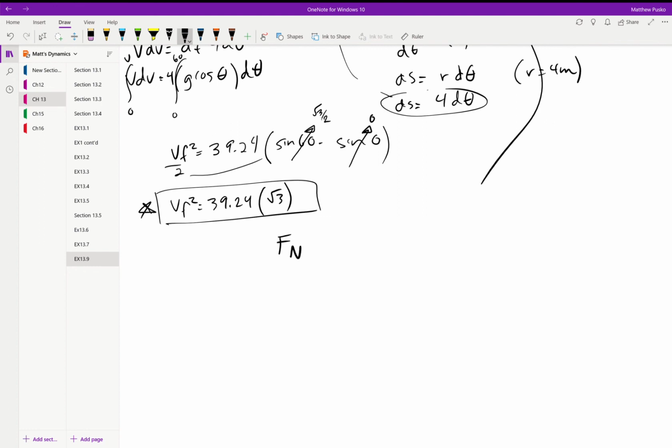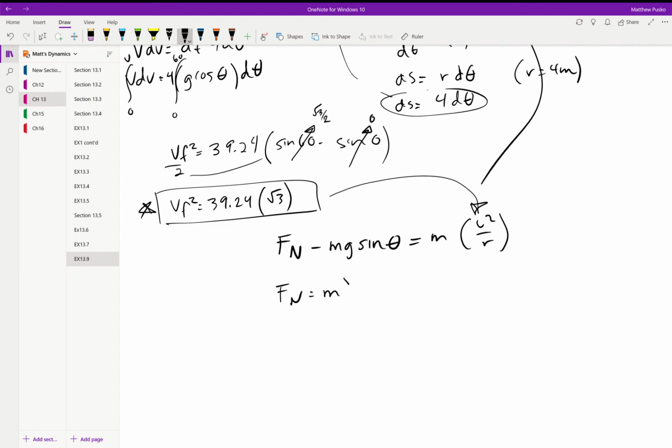I have the normal force, so this was in the normal direction. The normal force minus mg sine theta is equal to the mass times v squared over r. Well, we have v squared, we can plug that in right away and rearrange for the normal force, which is what they asked for.